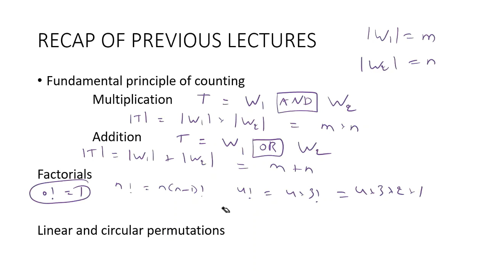The main difference is that in linear permutations we have the notion of first place, second place and so on, whereas in a circular permutation we don't. In a circular permutation, how the elements are positioned with respect to a single element is what matters, whereas in linear permutation we can directly mention the position.